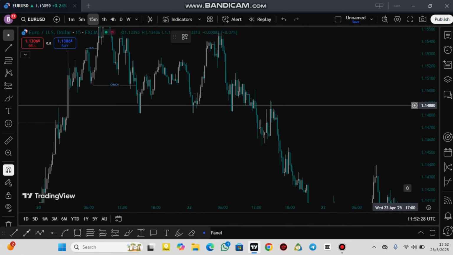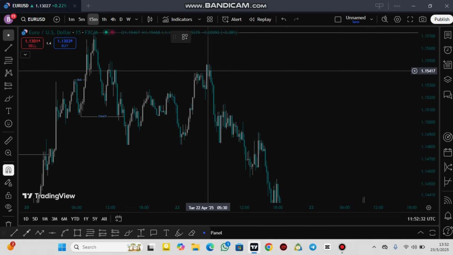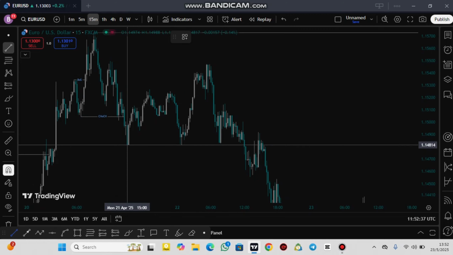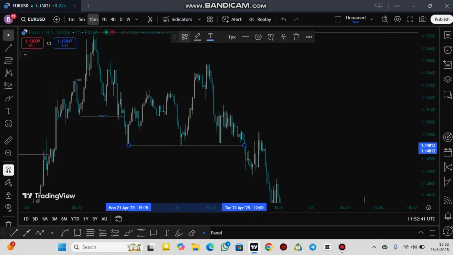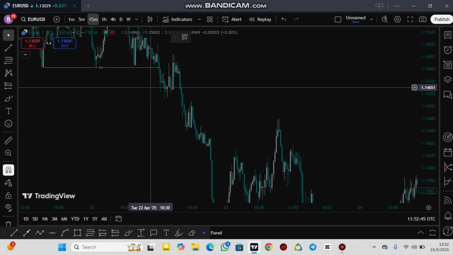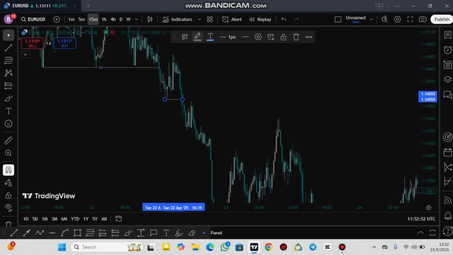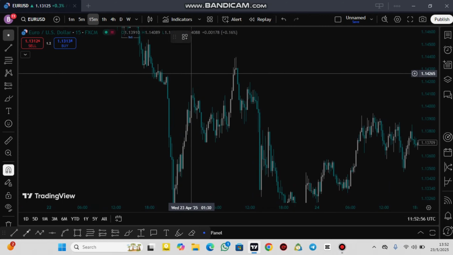Price gave us the pullback, and then price, as expected, sold, giving us a new breakout structure to the downside. Then price gave us a pullback here, and then we have another breakout structure, and then we're going to go down here.